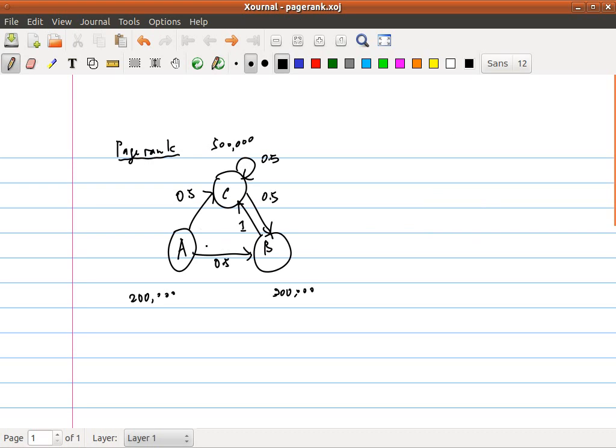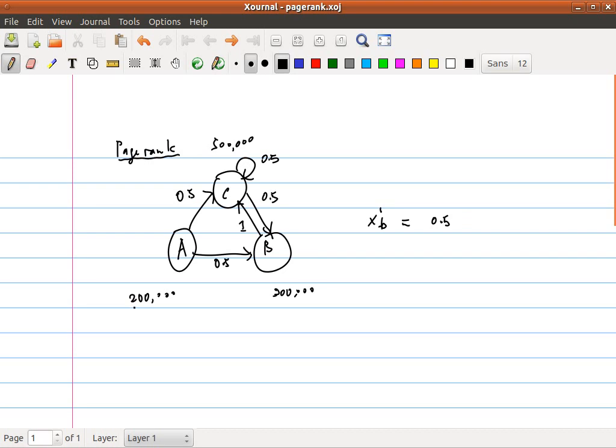Of course, we can just compute, for example, let's look at page B first. For page B, the number of readers in the next minute, which I'll call xb1, will be equal to the following.